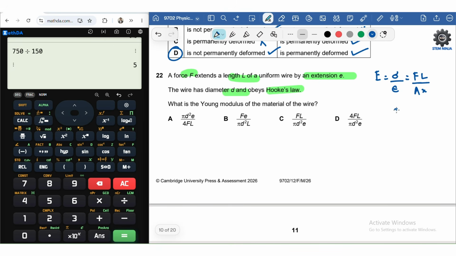So area, you have pi d squared over 4 because we're given this in terms of diameter. So we plug this in. You have FL times by 4 over pi d squared times by E. So 4FL over pi d squared E.